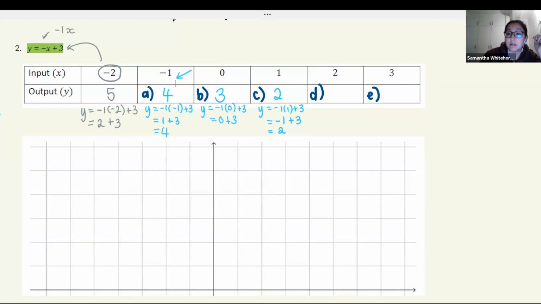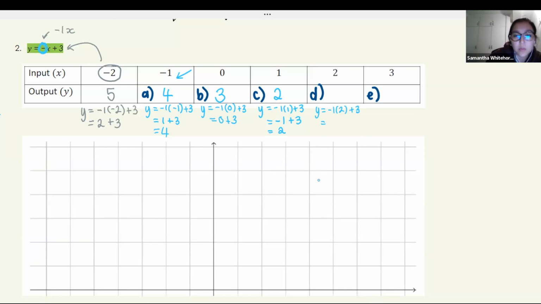Right, very nice. Tuhira, would you like to give us D? So D is 2 multiplied by 1 plus 3 equals 2 plus 3 equals 5. Okay, guys, I think we're forgetting this negative. Remember, it's a negative x.